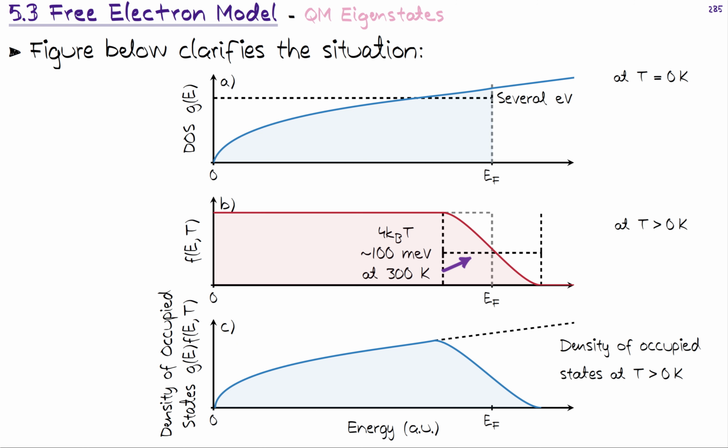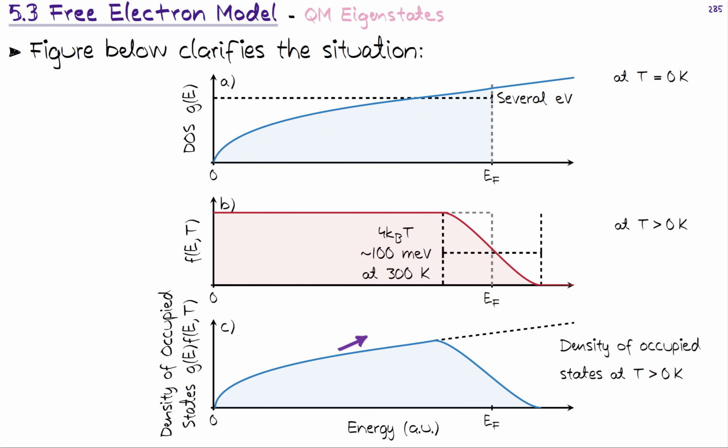What I'm trying to say here is that these pictures are not very carefully made, and that most of the electrons are not near the Fermi level at all, but most of the electrons are really here, and not that many electrons are in this border near the Fermi level.